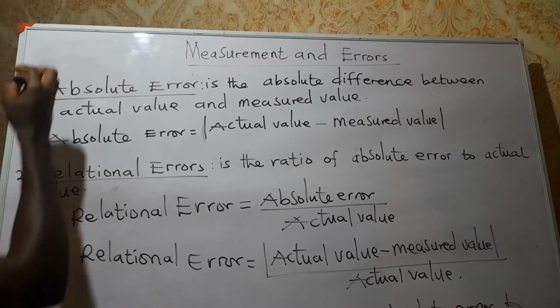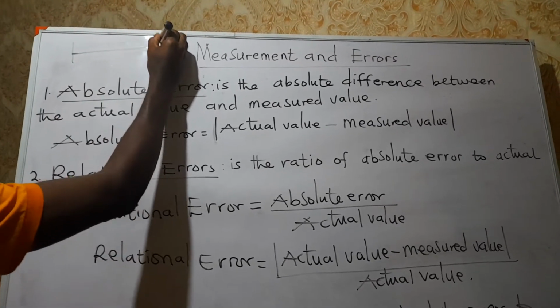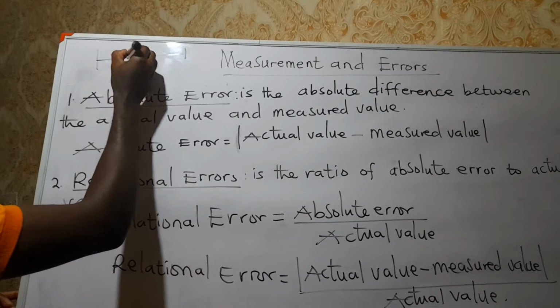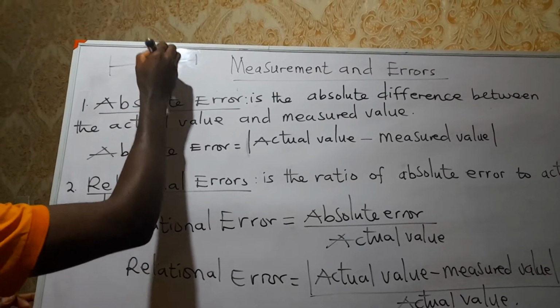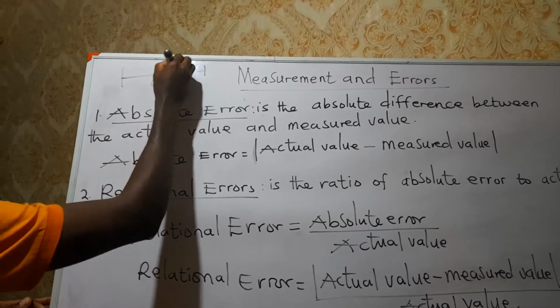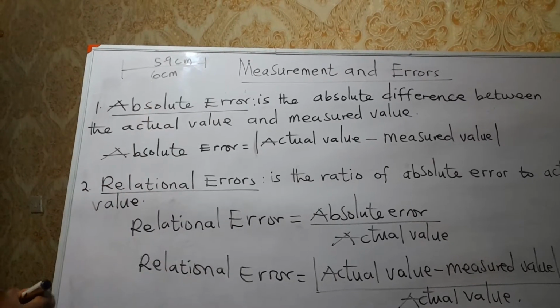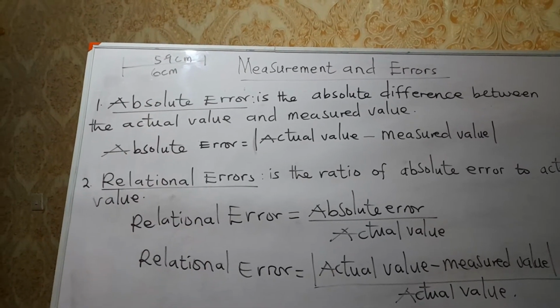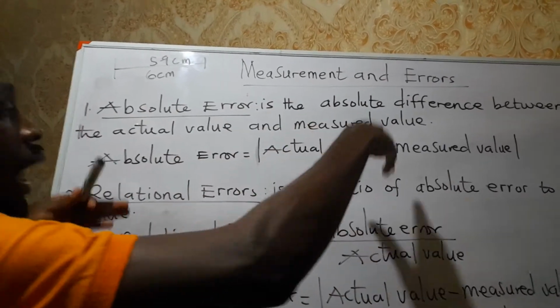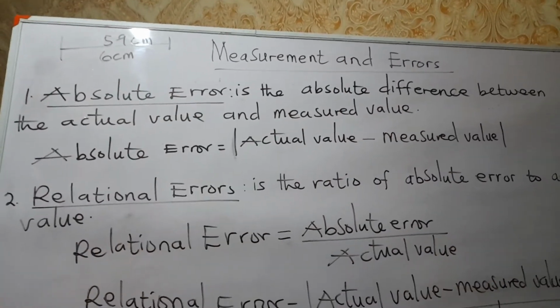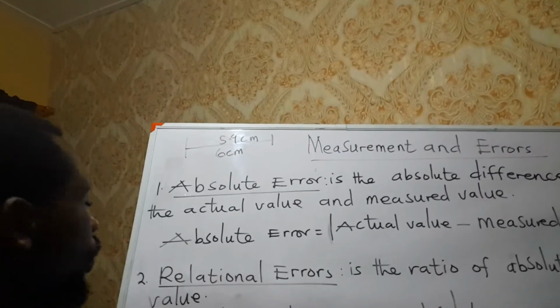As I explained earlier, if the length of a line is 6 centimeters but we measured 5.9 centimeters, then the difference between 5.9 and 6 centimeters becomes the absolute error. Remember, because it's an absolute value, when we get a negative, it will be positive.